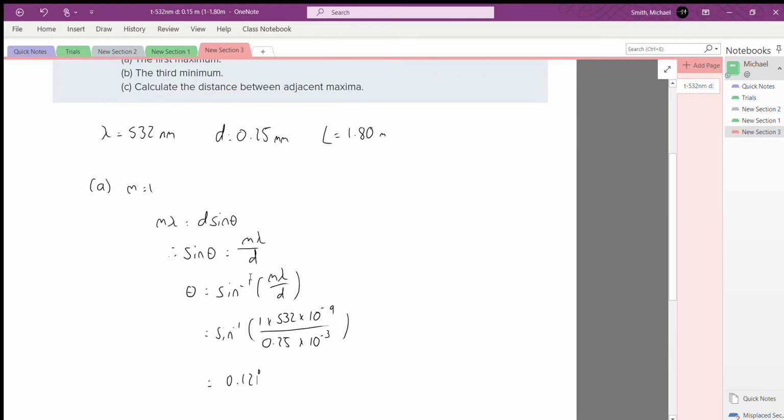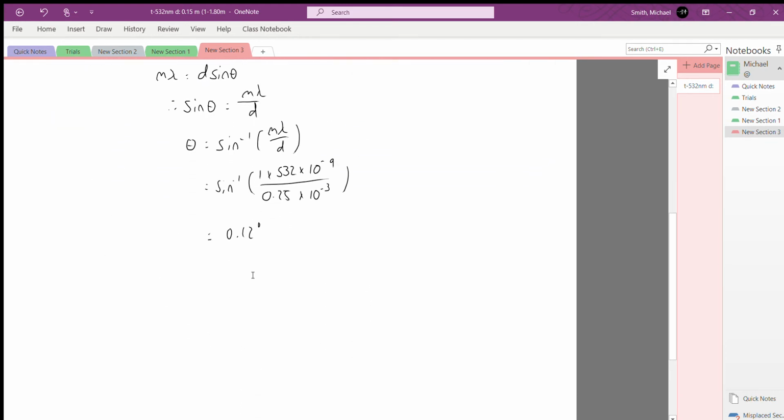Now I need to work out the third minimum. This is a little bit tricky. So here, since we're calculating the minimum, we're not using m lambda equals d sine theta, we're using m plus half lambda equals d sine theta, because destructive interference will occur when the path difference is half a wavelength out.